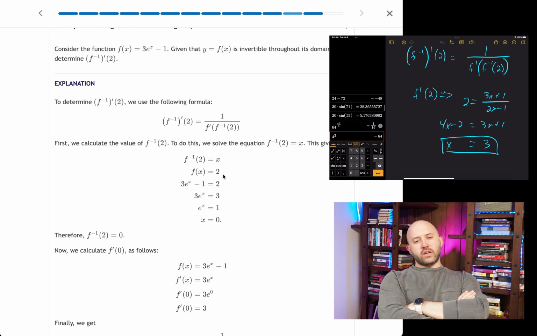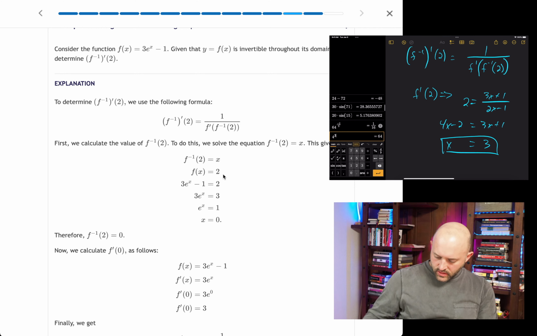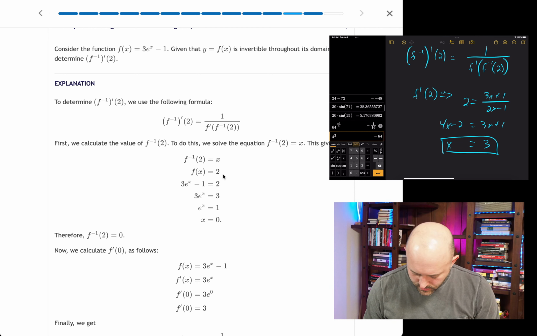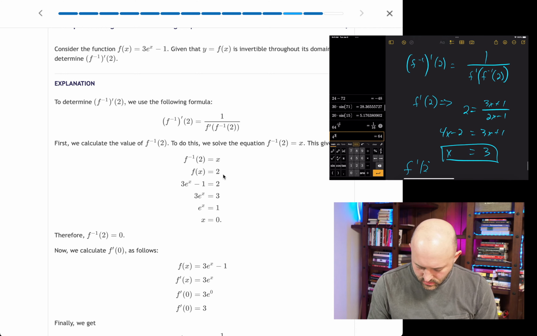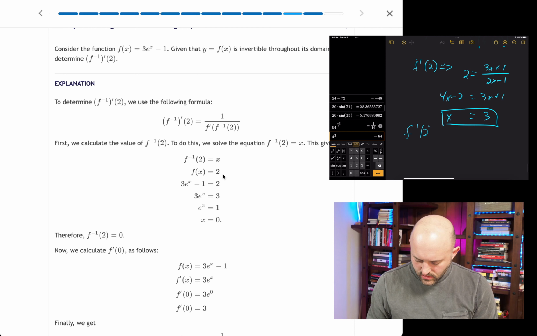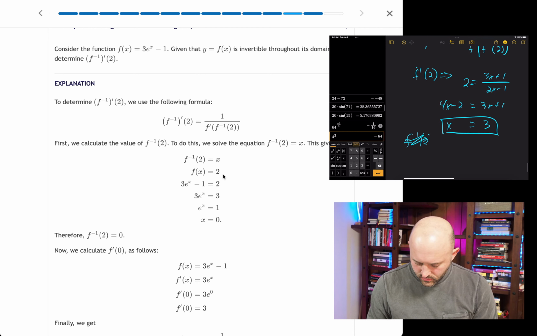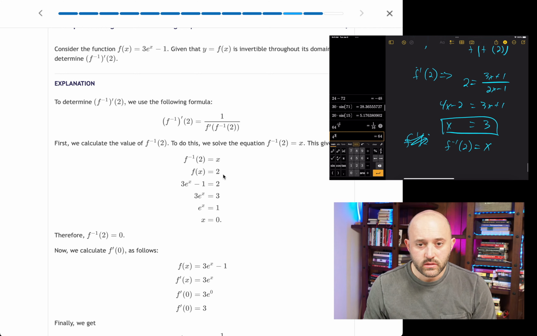Calculate the value of f inverse of 2. To do this, we write the equation f inverse of 2 equals x, because that means f of x equals 2.